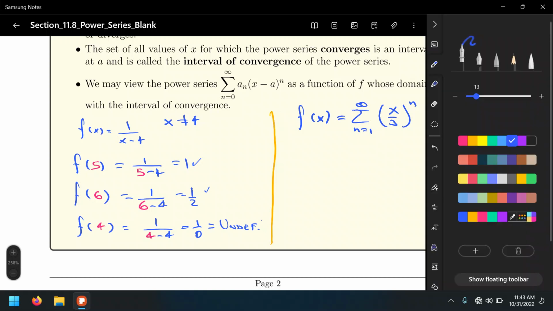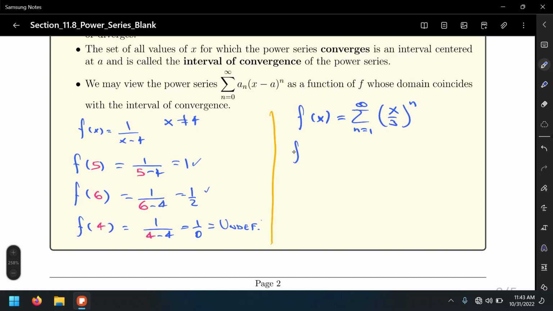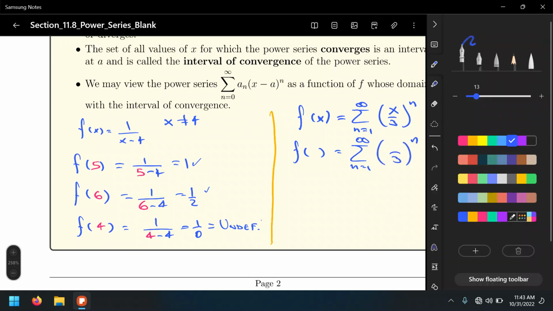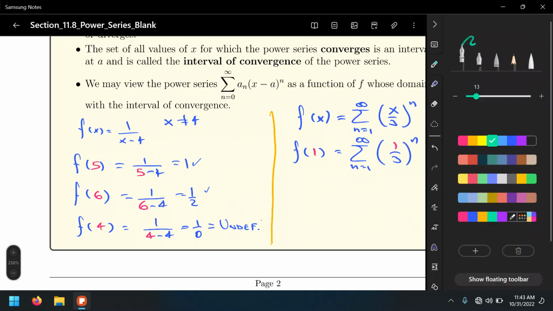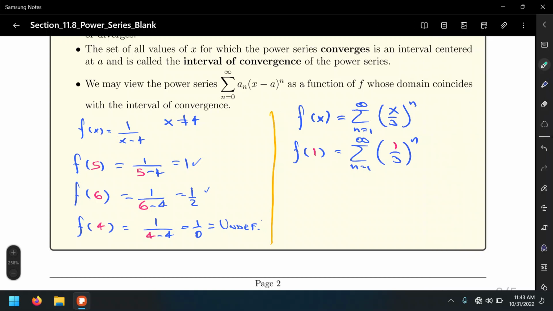For example, let's try some values of x. Let's evaluate this at 1, f of 1. All right. So what about this geometric series? What would you say? Converges or diverges? Converges. All right, because the common ratio is a number below 1.